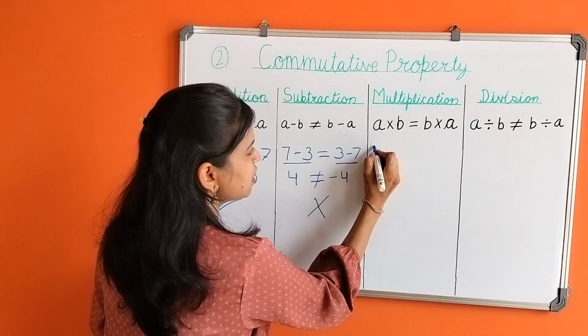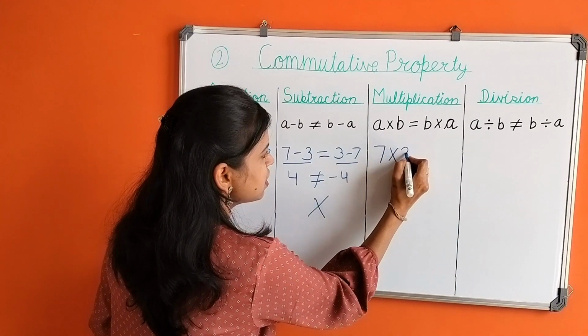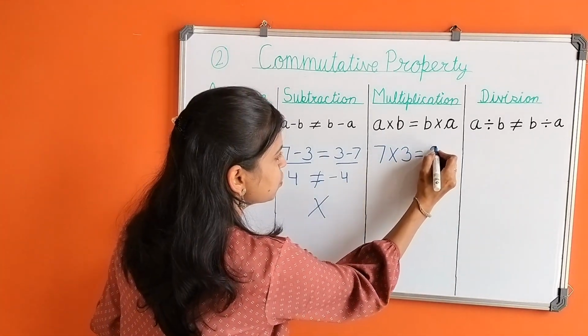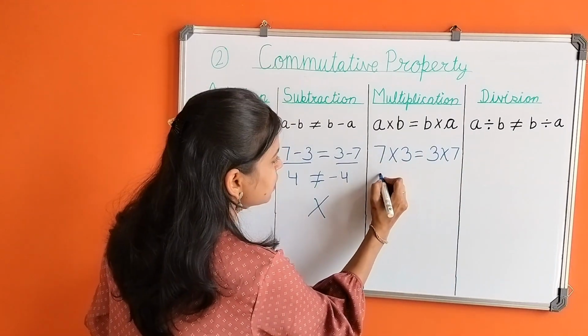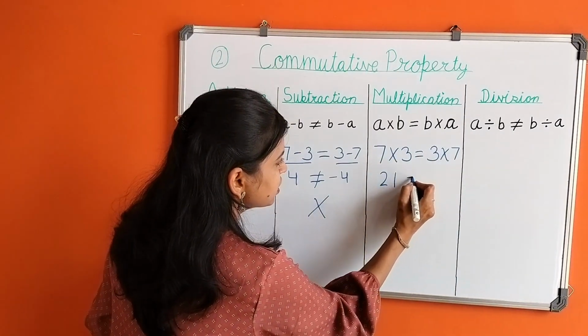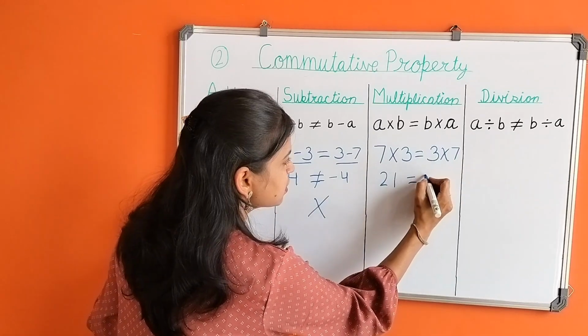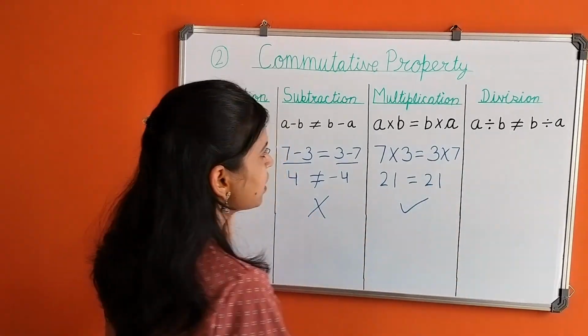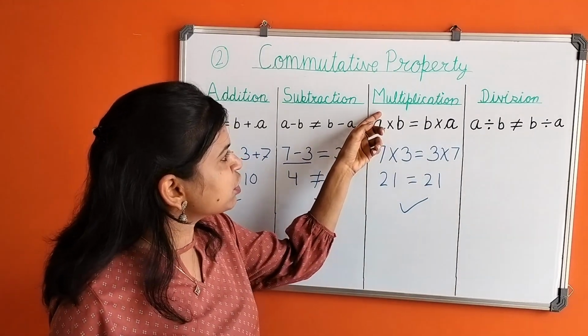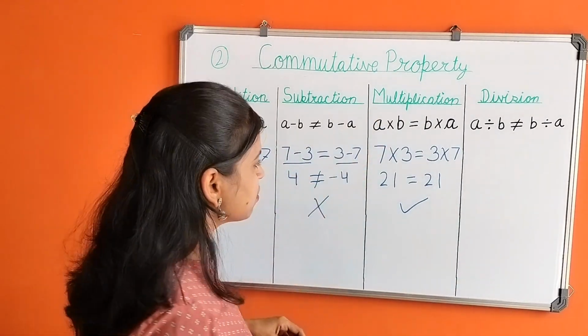Multiplication: yes, 7 into 3 is equal to 3 into 7. 7 into 3 is 21. 3 into 7 is 21. So yes, the commutative property is true for multiplication also.